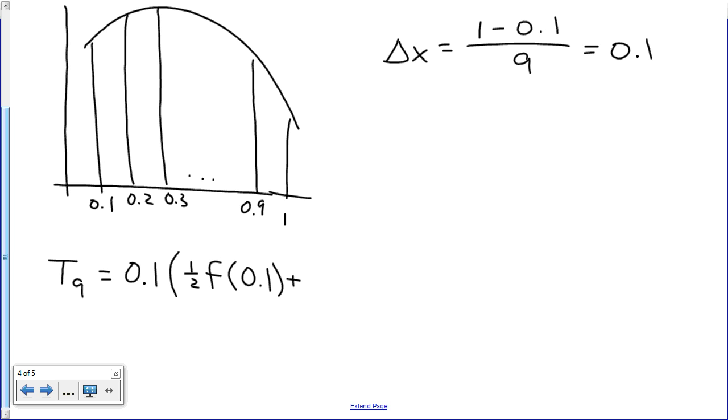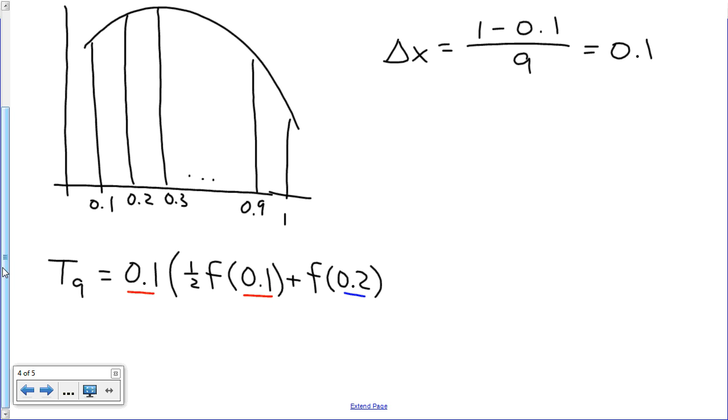That'll happen every single time. Whatever that starting point for my interval, the a value there is what I plug in first. Plus my function at the next x value, which is 0.2. The graph kind of helps me see that, but also realize that if I take 0.1 and add this 0.1, that is add my delta x to my previous x value, that gives you the 0.2. Now I can keep doing that.